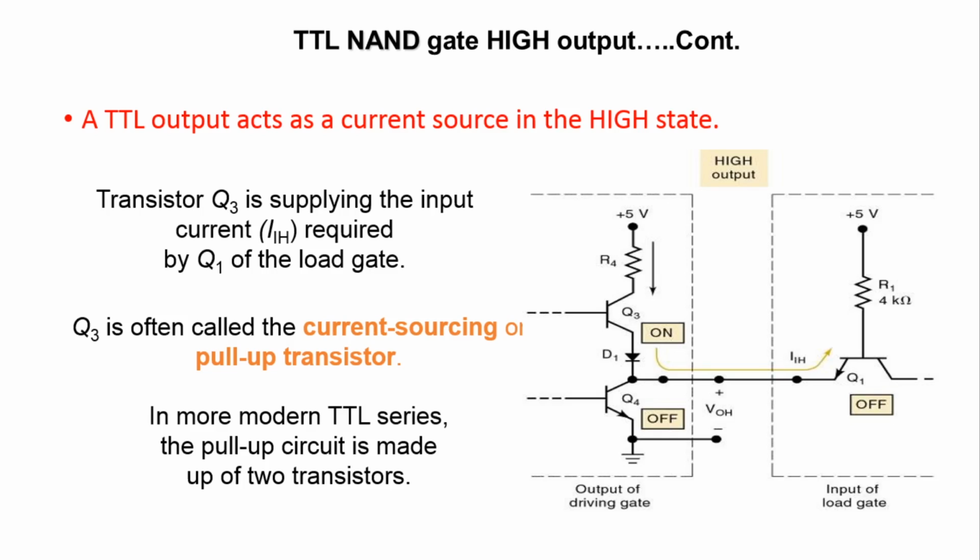In more modern TTL series, the pull-up circuit is made up of two transistors. Here if you see, the current is coming from plus 5 volt supply passing through Q3, makes it on. After that it goes through the second section of Q1, and this action is called current sourcing action.